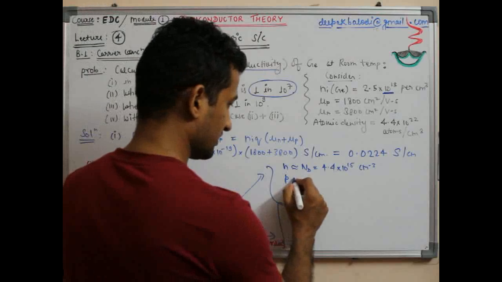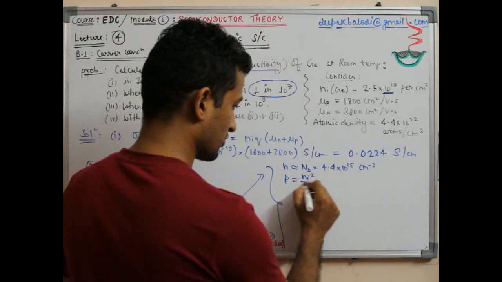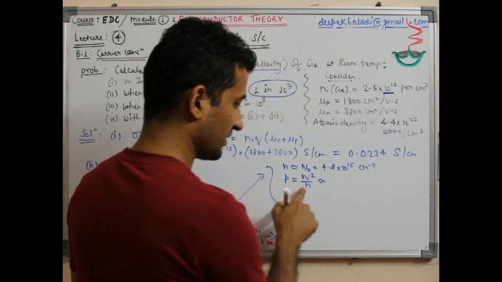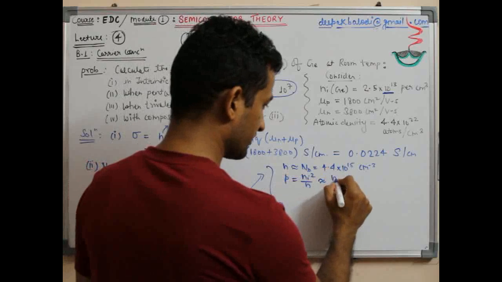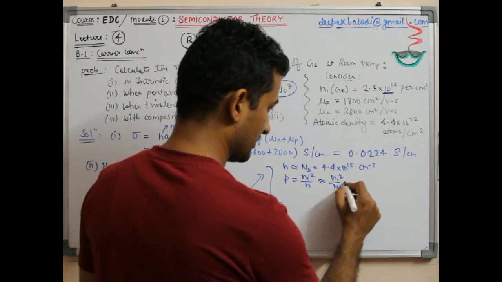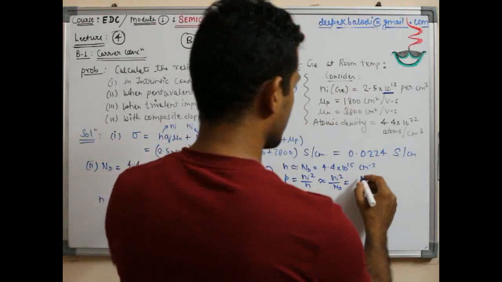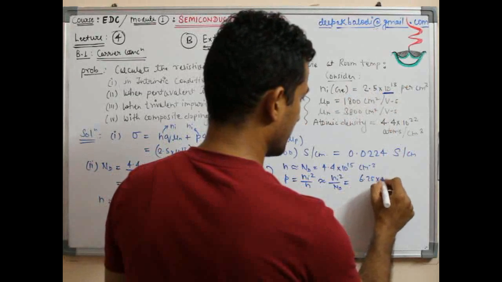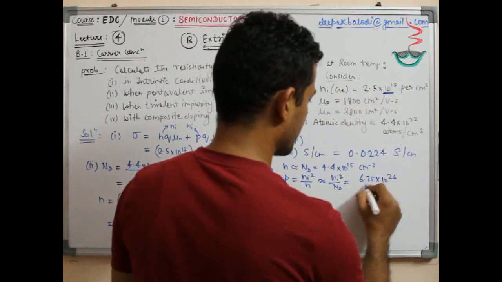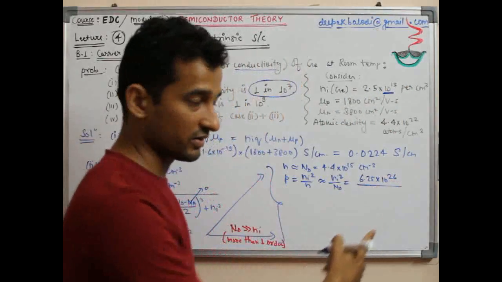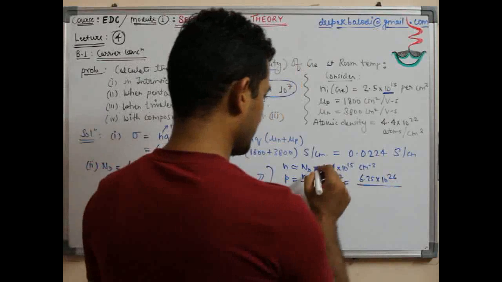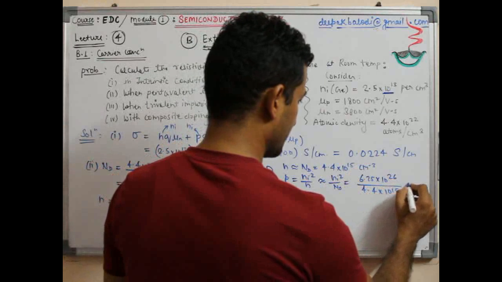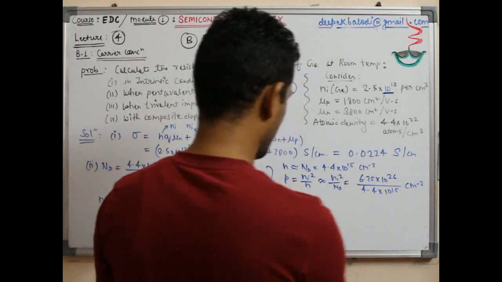So that says that this is Ni square by N. This is the exact calculation, but we know approximately N is Nd, so this is Ni square by Nd. Now if I put the value of Ni square, that becomes 6.25 into 10 to the power 26 upon, I have done the square, so please mind it. Nd is 4.4 into 10 to the power 15 per centimeter cube.